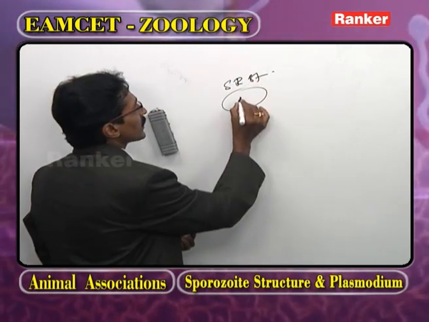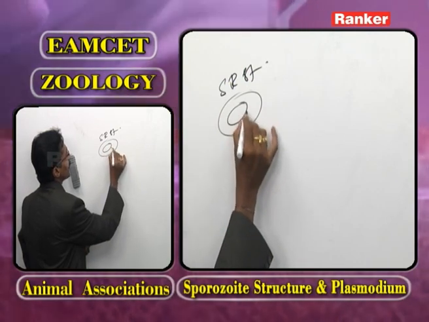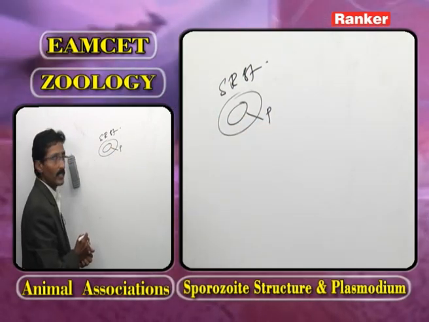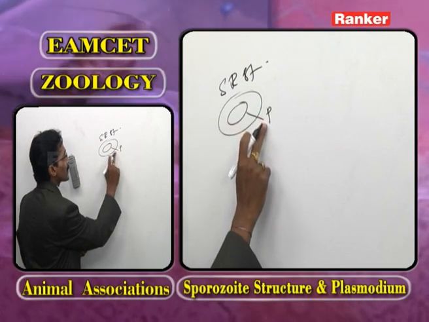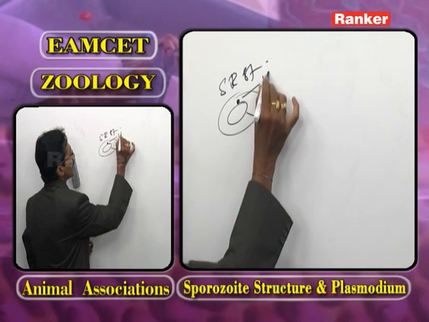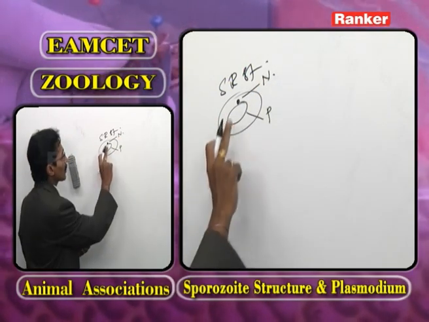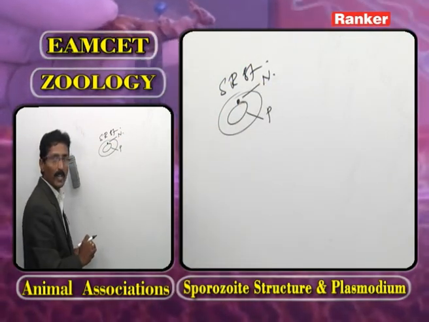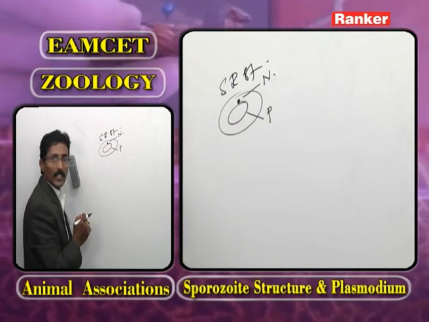In the signet ring stage, this one we call P, meaning parasite. The parasite appears to be ring-like, and this is the nucleus, N means nucleus. Now the nucleus appears to be a diamond. Now it is called the signet ring stage.